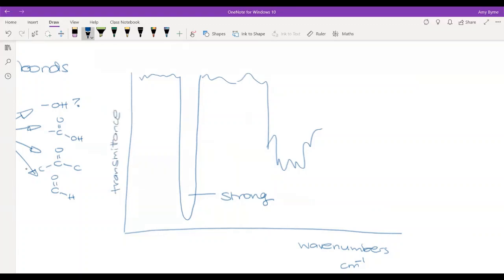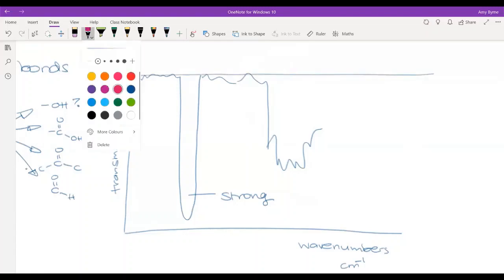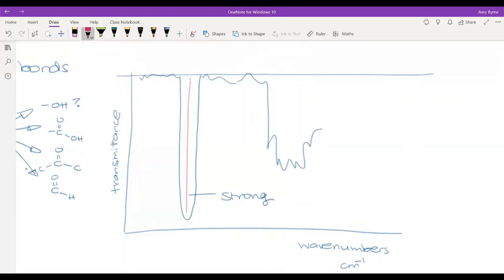So up here, very little of that IR energy is being absorbed. Here though, a whole bunch of that infrared energy is being sucked out of that system and I'm not getting the transmittance. Pay attention to the descriptors that are in the intensity column in section 26. So multiple bands means that it's zigzaggy.